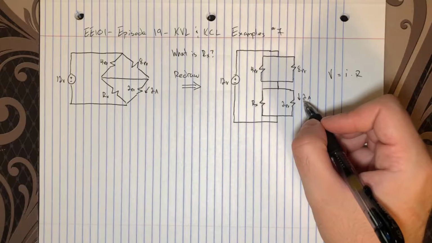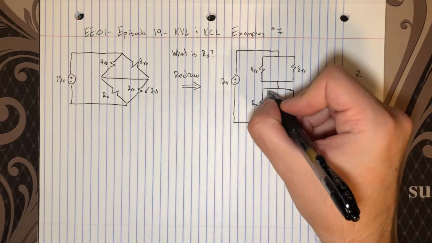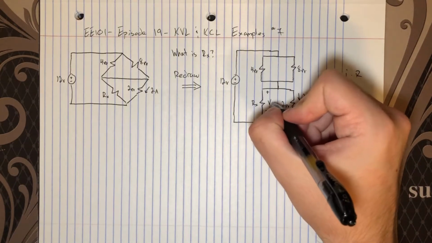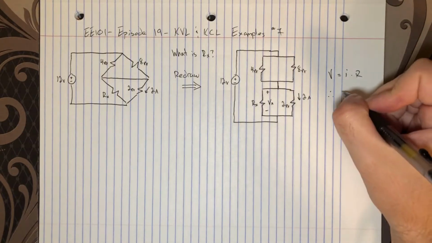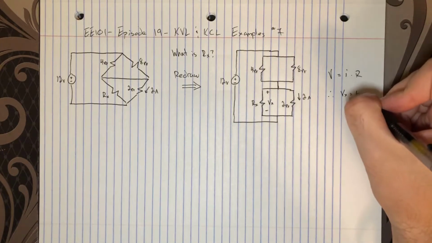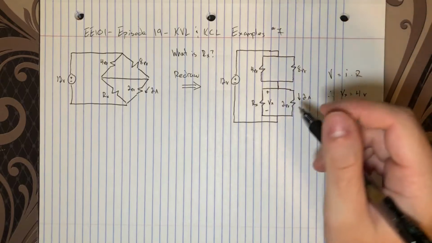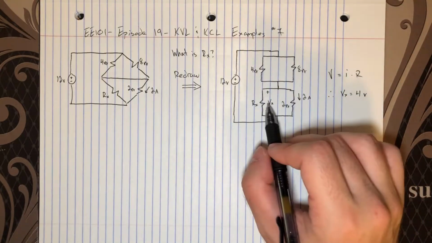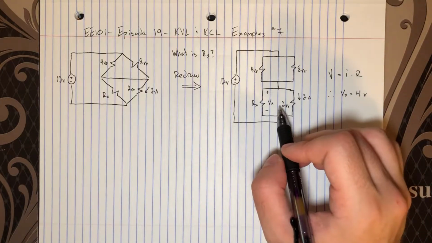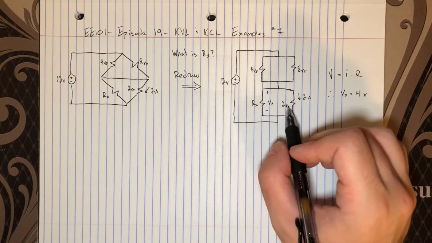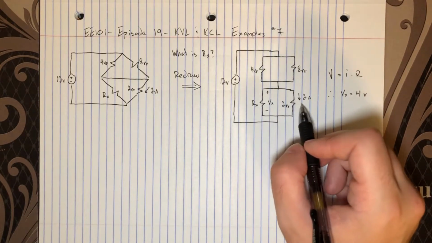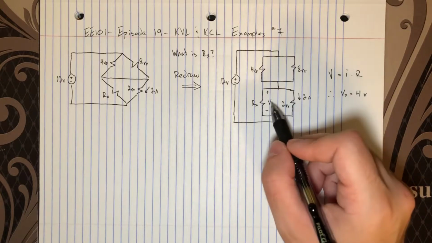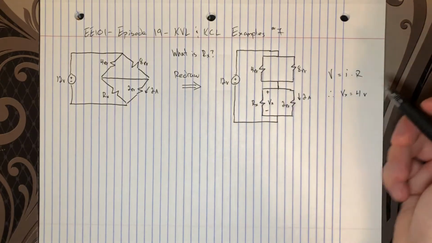So we have 2 times 2, and I'm going to label this Vx right here. So Vx equals 4 volts. And that's because, like I said, these two resistors are in parallel, so they share the same voltage. Vx is across the 2 ohm and Rx. So this current through the 2 ohms gives us Vx, and it's 4 volts.